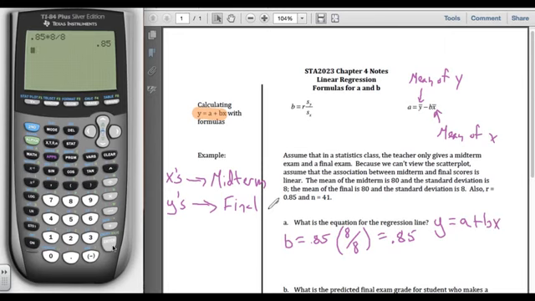To find the A, we'll go to the other formula at the top of the page. A is equal to the mean of y, in this case the mean of the final, which is an 80, minus B, which I just found to be 0.85, times x bar, the mean of the midterm, which is also 80. So we'll type this into our calculator. 80 minus 0.85 times 80.